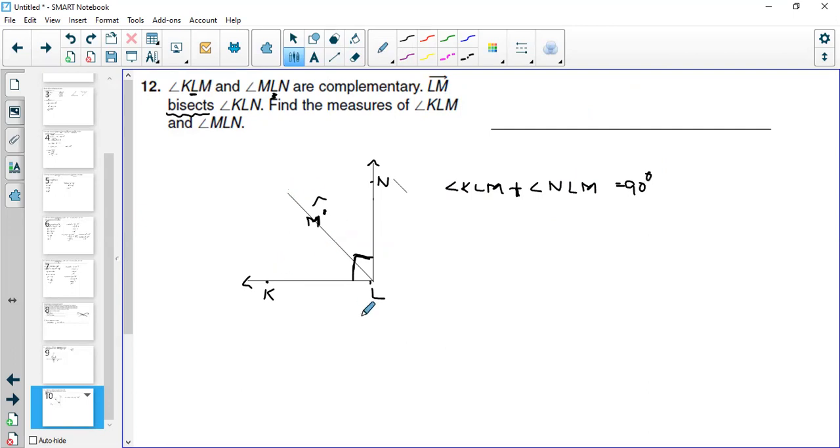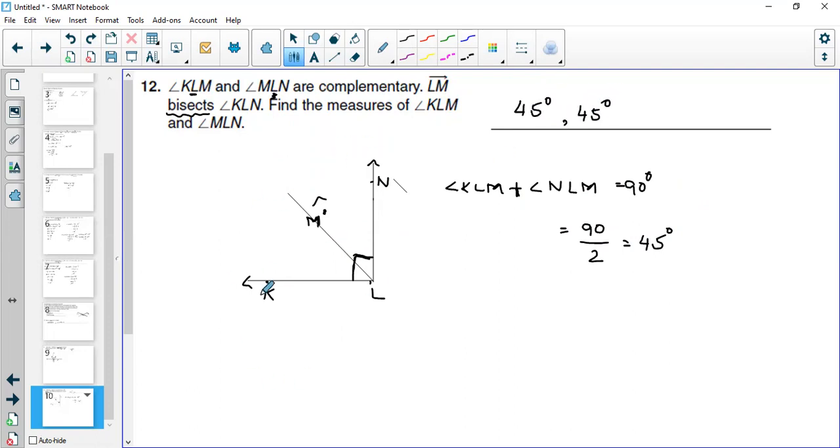Now they said it is bisected, right? Which means if this is x, this is x, it's going to be 2x equals 90. So simply, because it's bisecting, it's dividing into two equal parts. So 90 divided by 2 is going to give you 45 each. So angle KLM is 45 degrees and MLN is also 45 degrees.